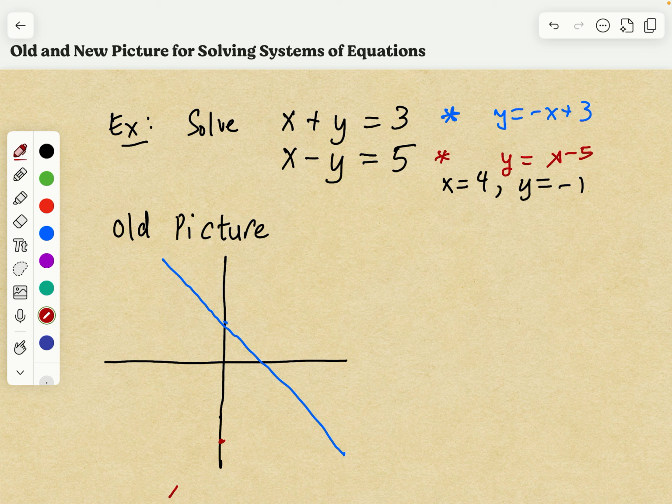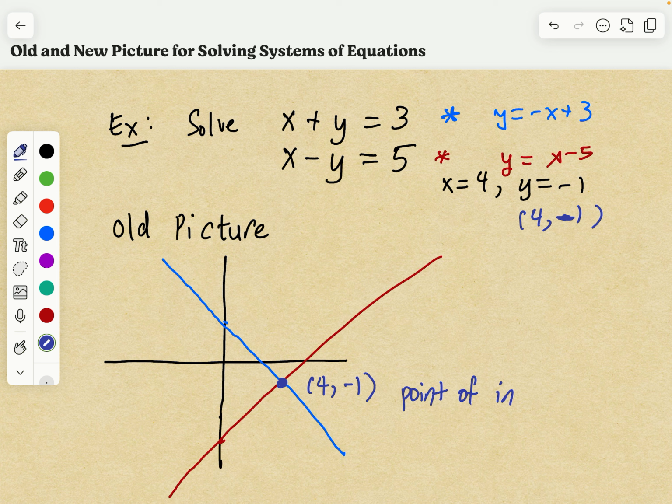So you have something like this. And the solution (4, -1) is where these two lines intersect. That's the point of intersection. This is the old picture, or rather the picture that we're used to.